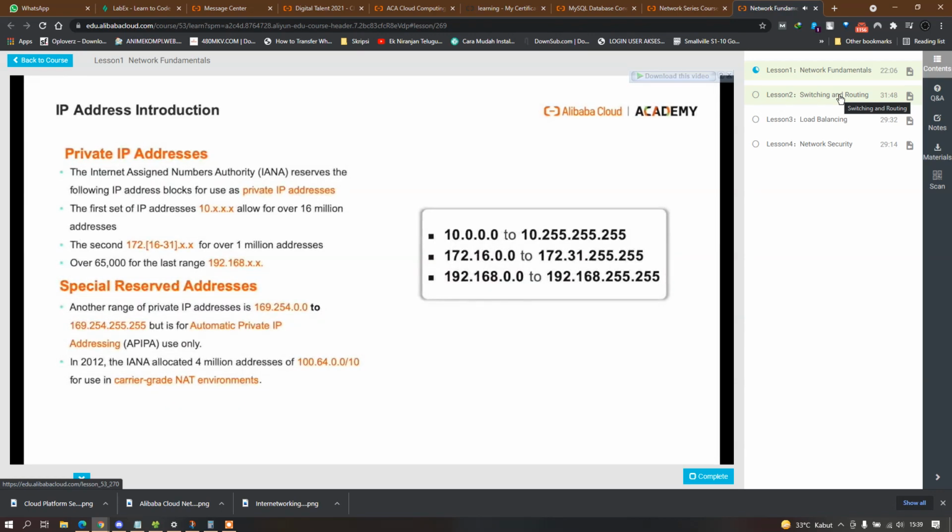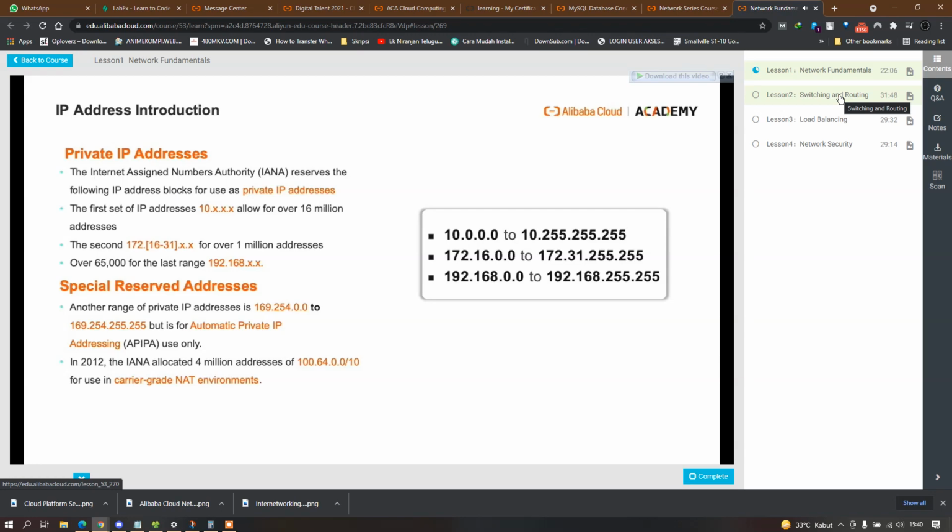Okay, for IP addresses, there is another thing we should know: not all IP addresses can be transferred on the internet. There are some IP addresses that have been reserved for private usage. Here we can learn what those IP addresses for private usage are. The first private network segment is the 10 dot segment. This is the class A segment, used for internal use in the internal network environment.